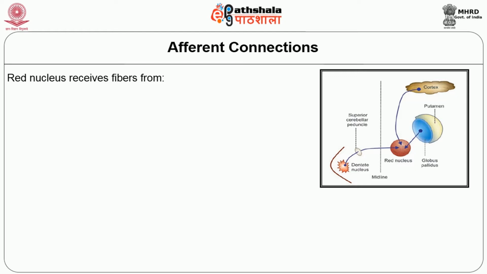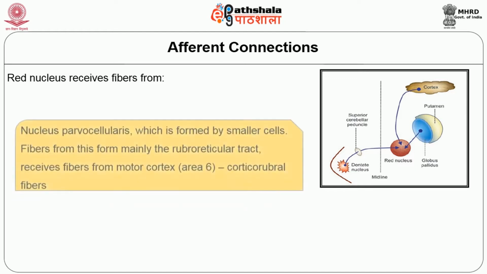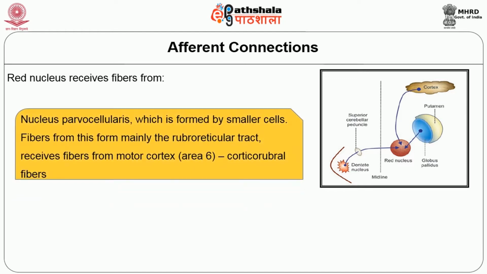Regarding afferent connections, the red nucleus receives fibers from the nucleus parvocellularis, which is formed by smaller cells. The fibers from this form mainly the rubroreticular tract and it receives fibers from the motor cortex, that is cortico-rubral fibers.